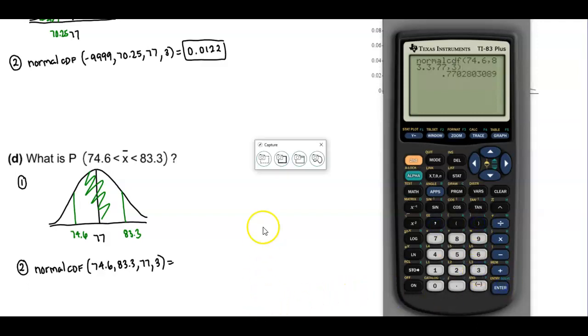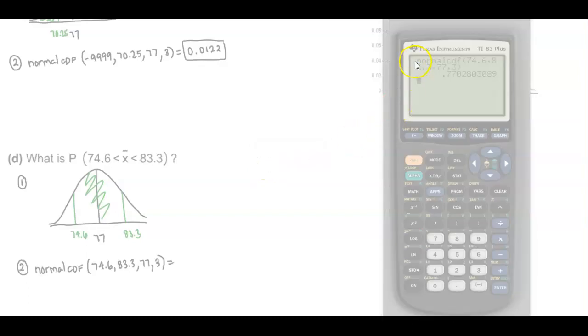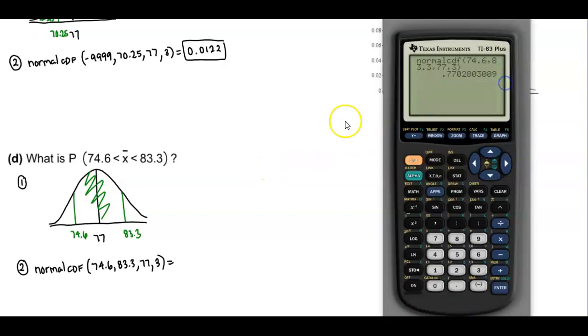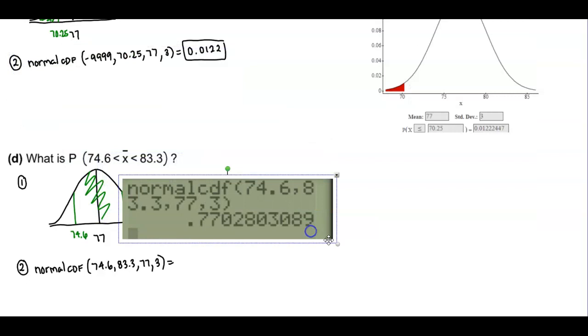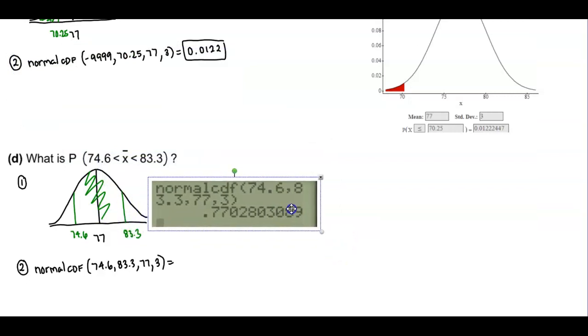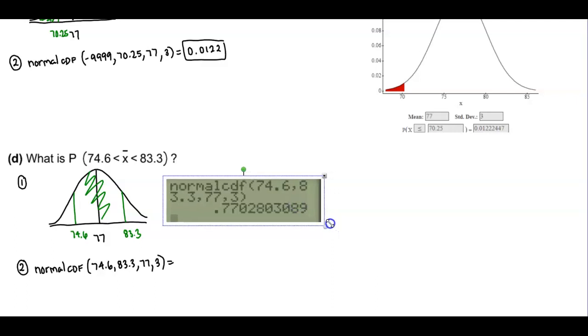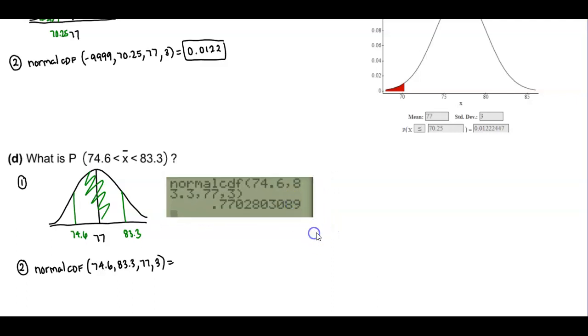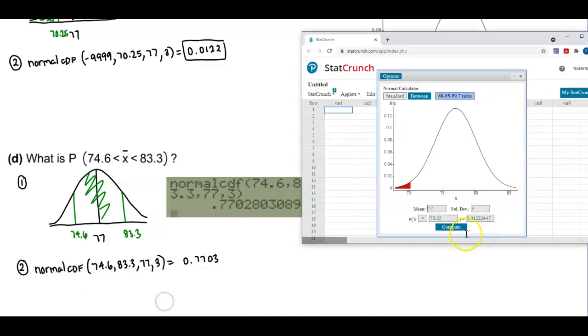We get the following area, or probability. Rounding to 4 decimal places, that is 0.7703.